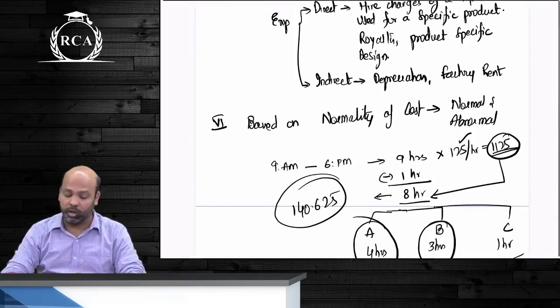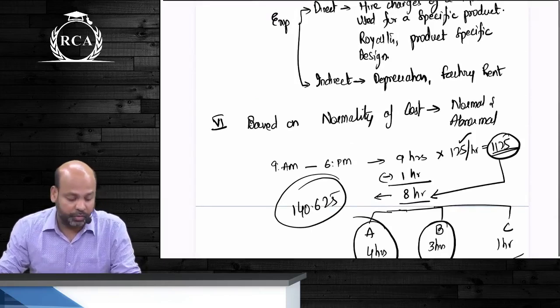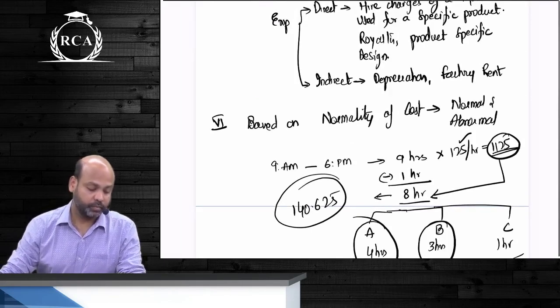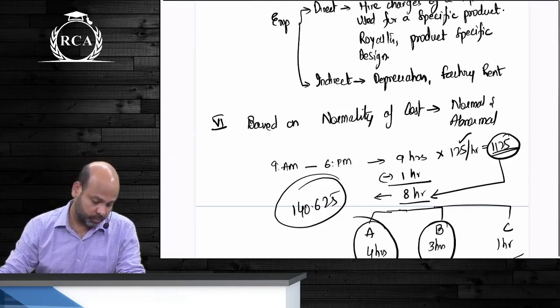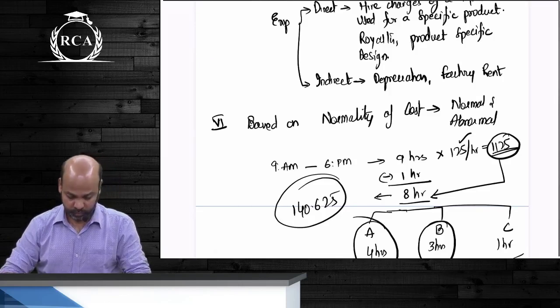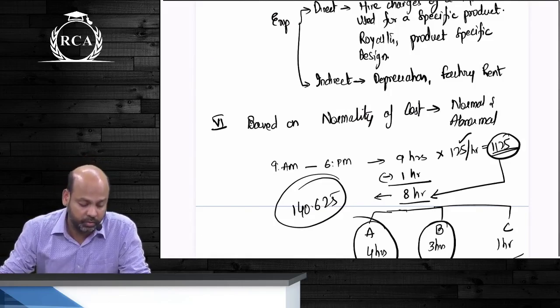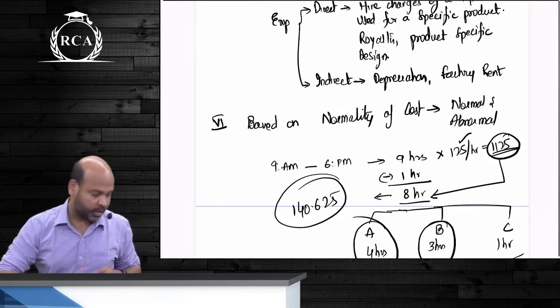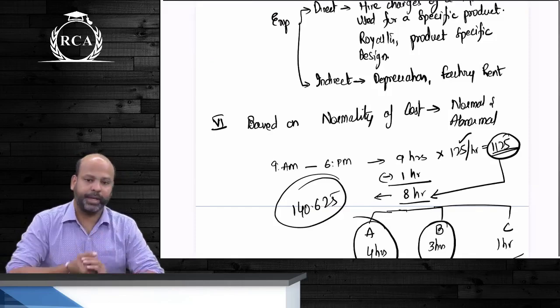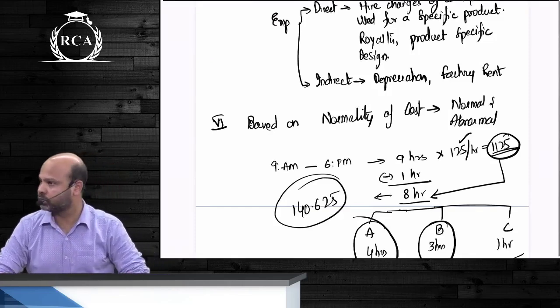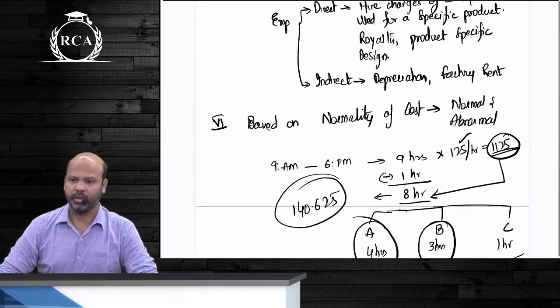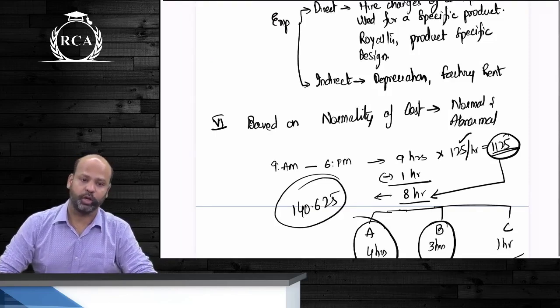Alright, write this down. Based on normality of cost, expenses are segregated into normal and abnormal.